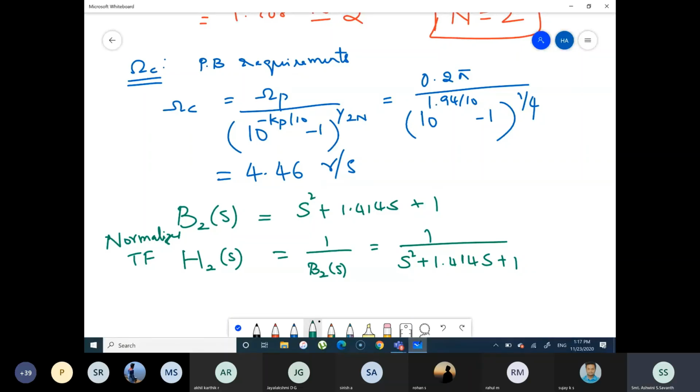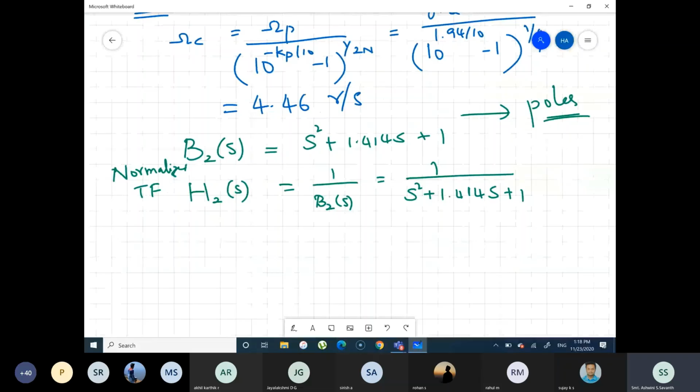So after we have written the normalized transfer function, you have to convert it to the low pass filter with the desired omega c that we have calculated. So one more step we need to do after this. Here you will have to write the calculation for the poles. That should be written in the exam. Don't write the step directly.